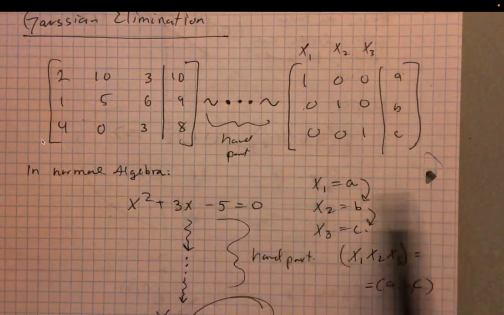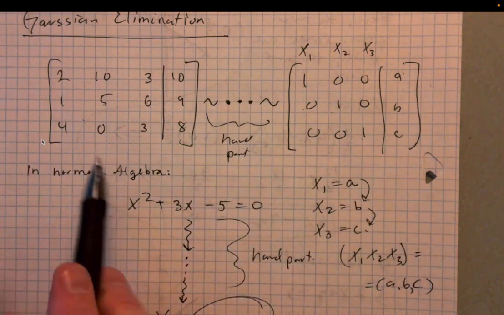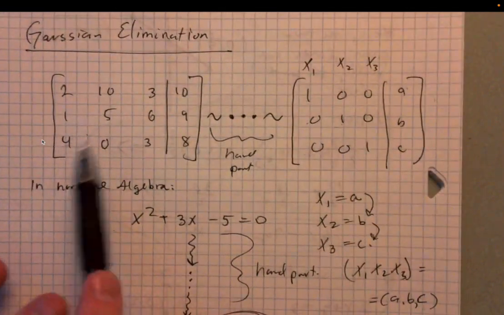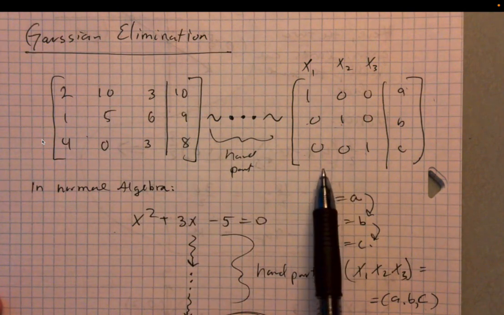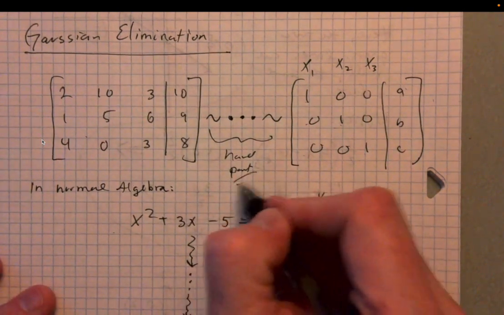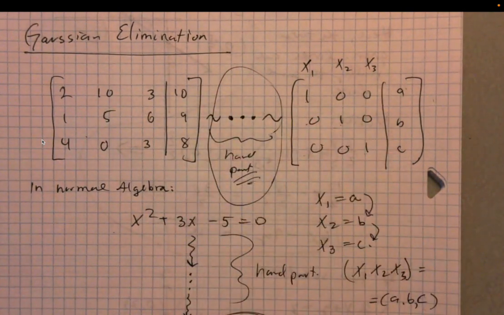That's the high-level view of what's going to be happening here. Of course, the devil's in the details, and how do we step by step convert an augmented matrix while retaining all of the solutions is the tricky part. That's where the idea of row operations comes in.